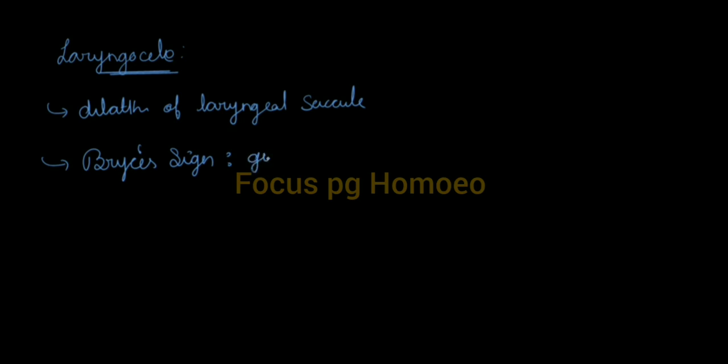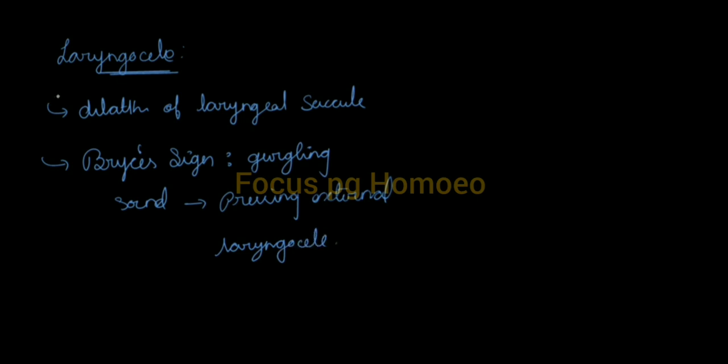So here there will be gurgling sound. In case of laryngocele there will be gurgling sound if we are pressing the external laryngocele. So in case of laryngocele there will be dilatation of laryngeal saccule, and the sign which you have to know is dry sign.